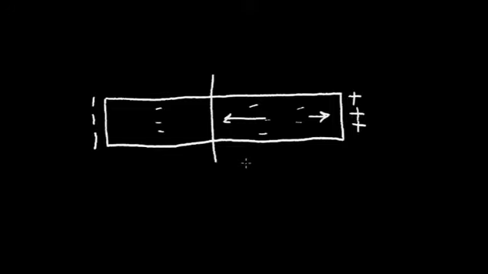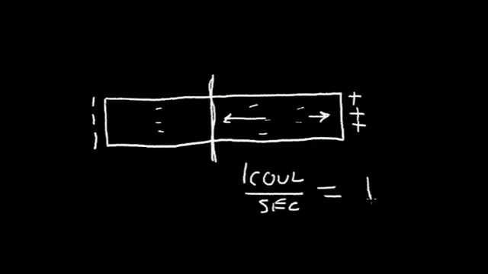So let's say that we had 1 coulomb of charge pass this vertical cross-section every second. So if we had 1 coulomb per second coming past this vertical point, then we would call this 1 amp or ampere of current flow. Now if we could make this electric field more intense, put more charge here, we could increase the current flow.